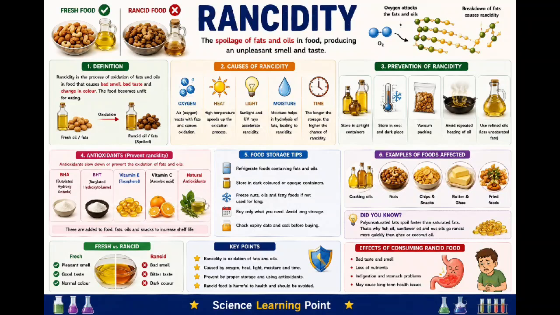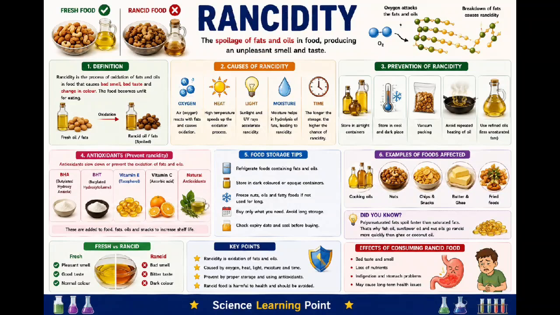This process is called rancidity. What causes rancidity? There are several things that can make rancidity happen faster. For example, oxygen, heat, sunlight, moisture and long storage time. These conditions speed up the oxidation of fats and oils.